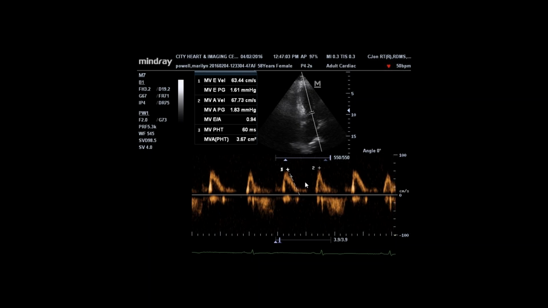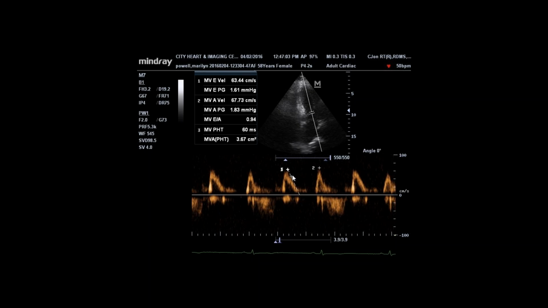So we get a flow above the baseline. ECG is on the bottom. This flow is a diastolic flow. Remember, diastole is from the end of the T wave to the QRS. So we get this repeated diastolic flow, okay?